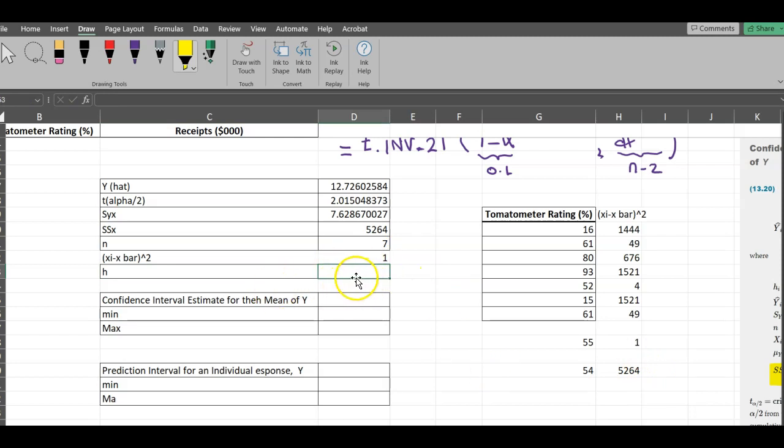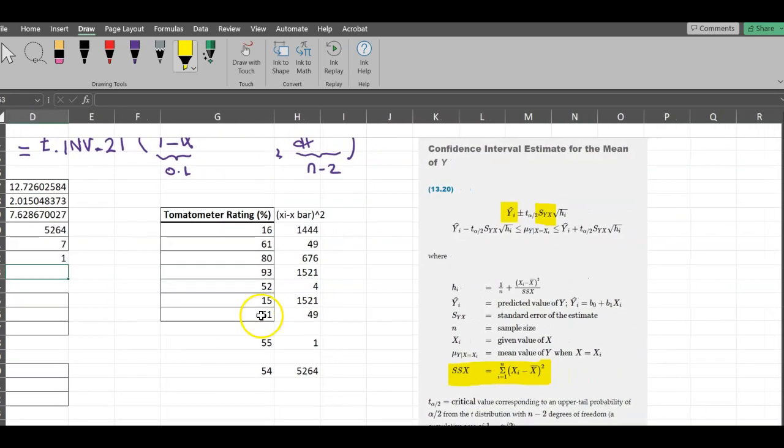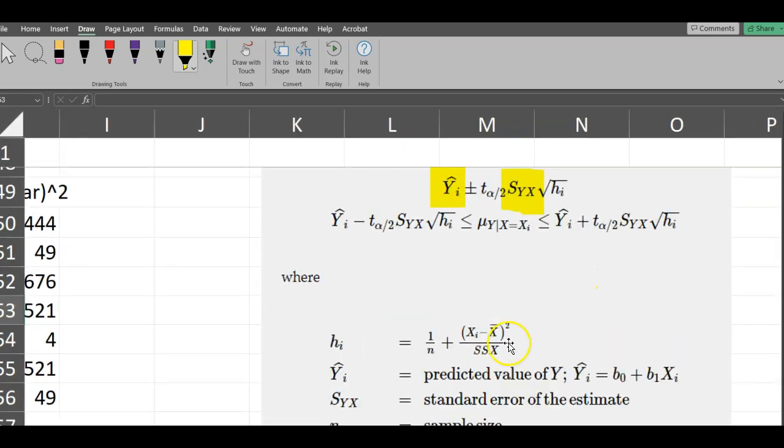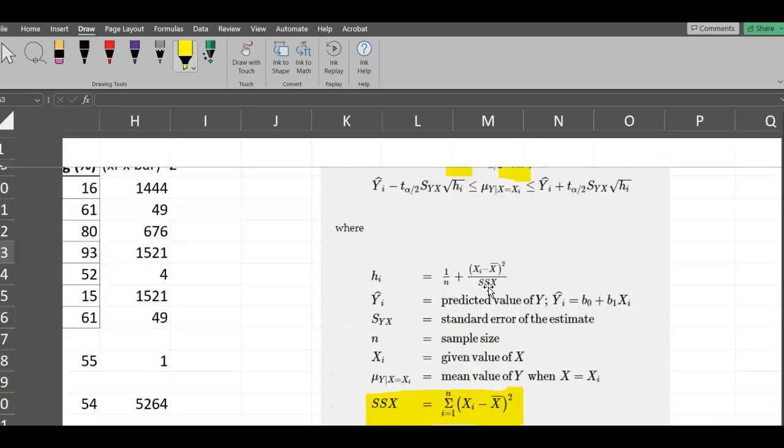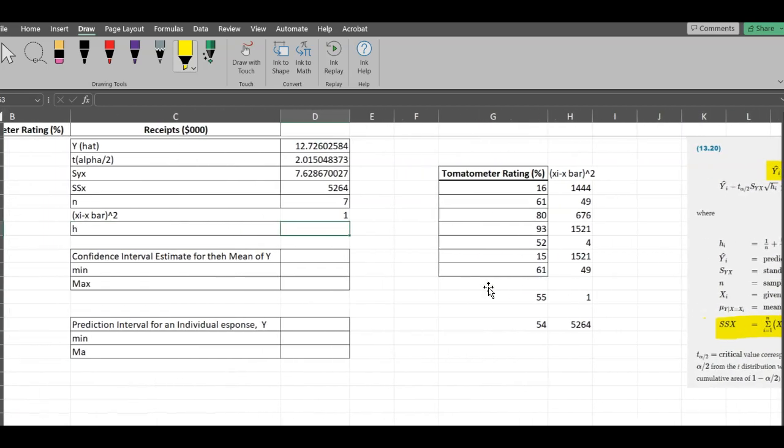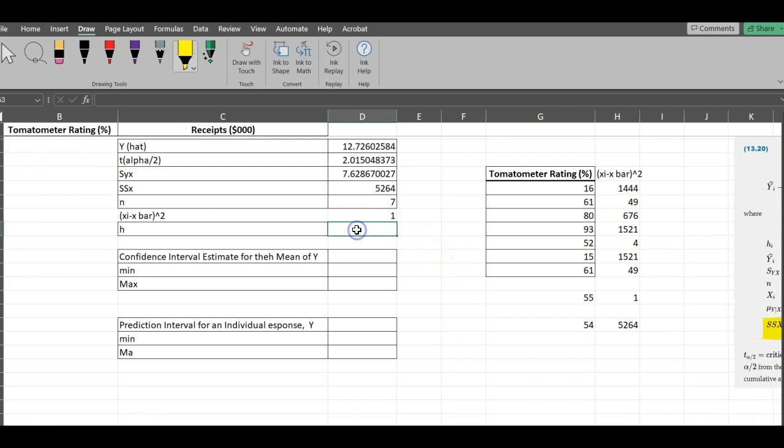Now I can calculate the h, and you can see the h here is 1 over n plus that value that we just calculated, xi minus x bar squared, divided by the SSX. All right. So let's put it in here, equal sign.